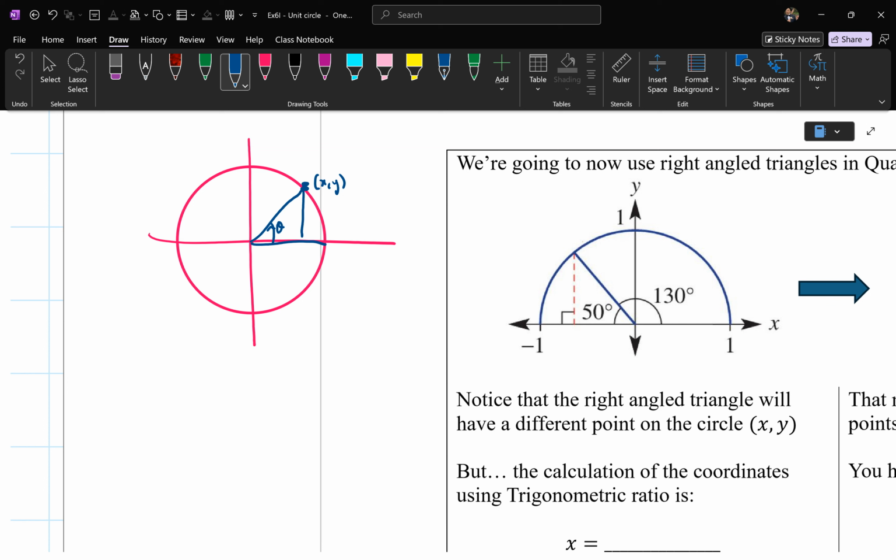Now, let's go back to your understanding again. I'm going to draw a triangle. Let's say I made 30 degrees. Angle of 30 degrees. Let's test your understanding and memory again. What is sine of 30 degrees?